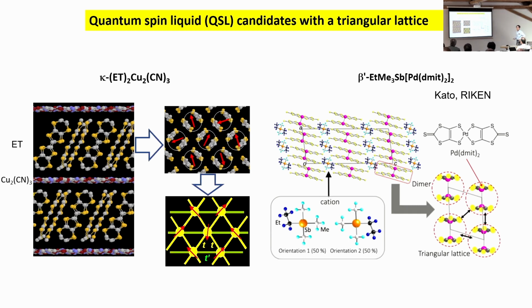The copper is far away. Copper is non-magnetic here, the Cu2(CN)3. This is the ET layer, and the proton is in that layer, at the edge of the molecule. The copper is like here, in the insulating layer.